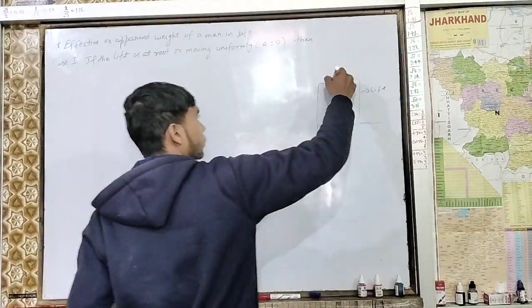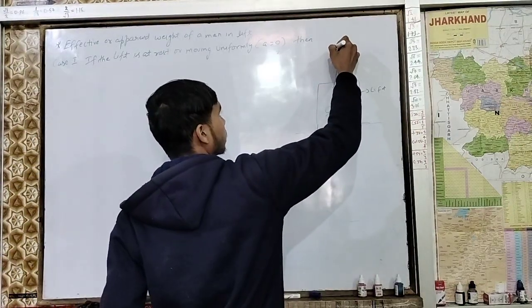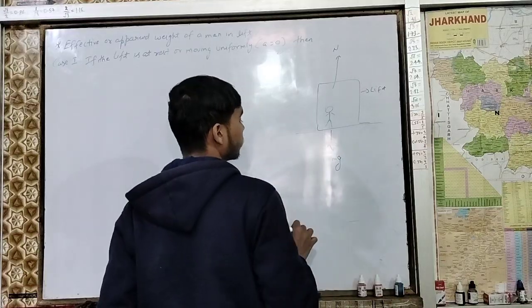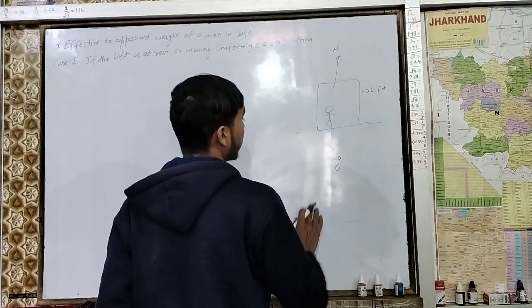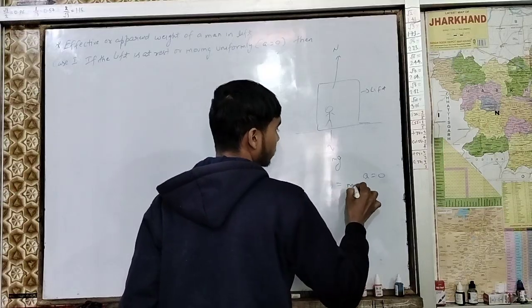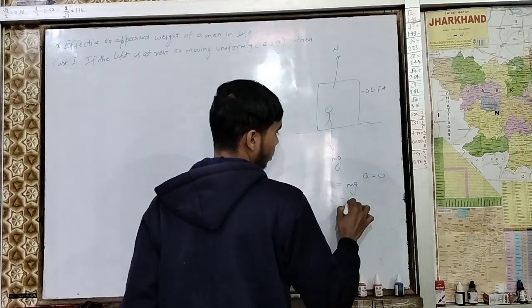Here, normal reaction would be upward. mg will be downward. If acceleration is 0, then N will be equal to mg, or W will be equal to mg.